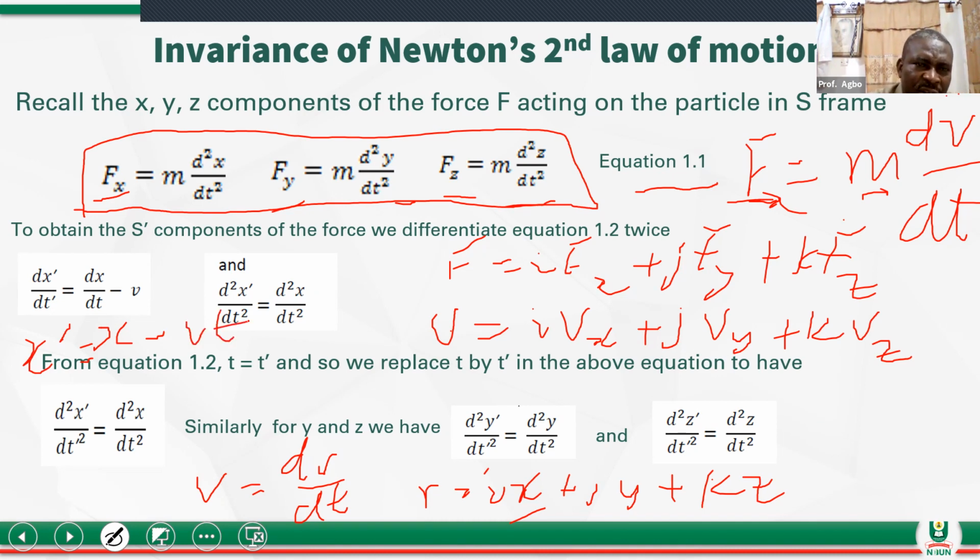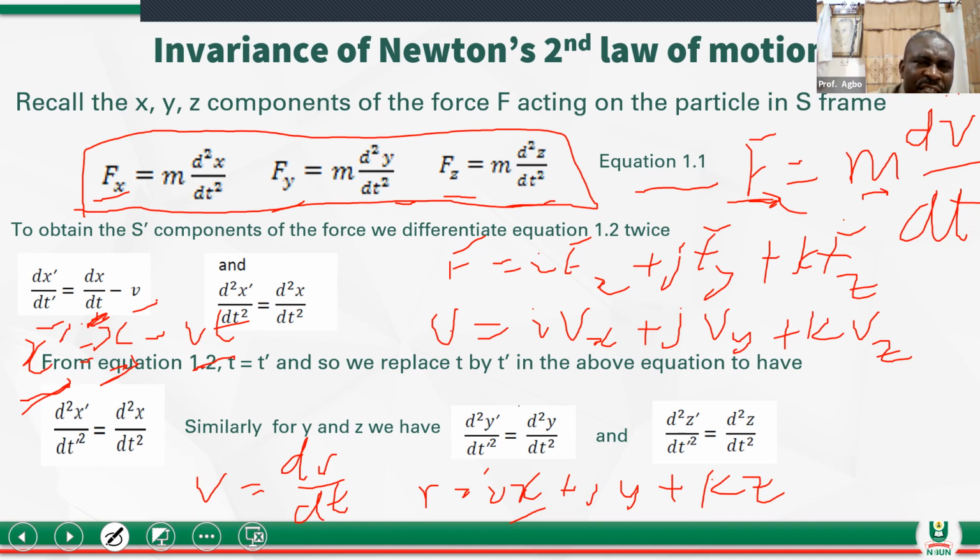That is the first equation. So we differentiate this x prime with respect to dt prime in the primed frame. And that is going to be dx over dt, minus, if you differentiate this with respect to t, what is left is v.